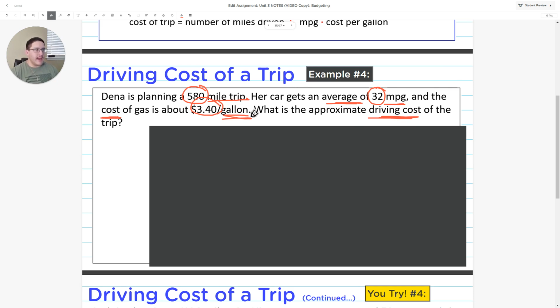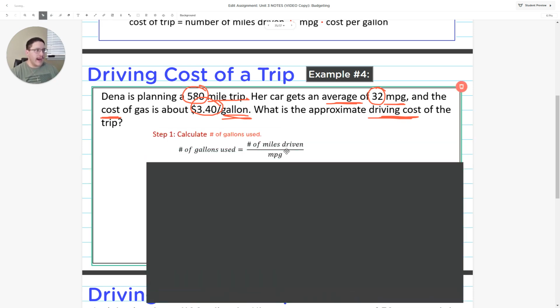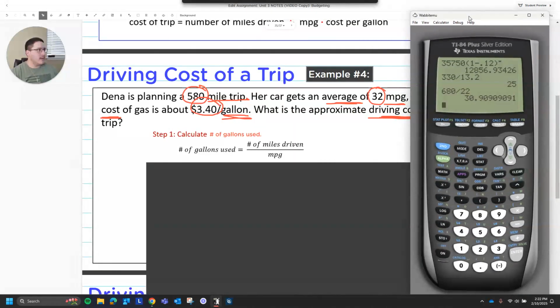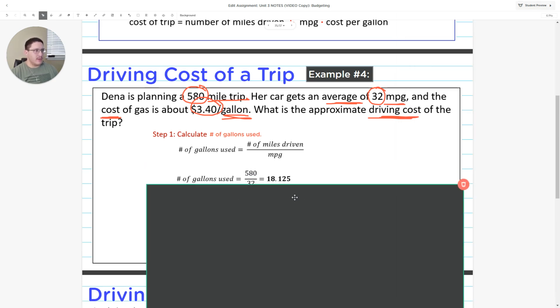Well, to get the amount of gallons that we need, we first need to divide the miles driven by the MPG. So we're going to take 580 and divide it by the average MPG, which is 32. And then this will give us the amount of gallons that we use to drive the trip, which is 18.125.